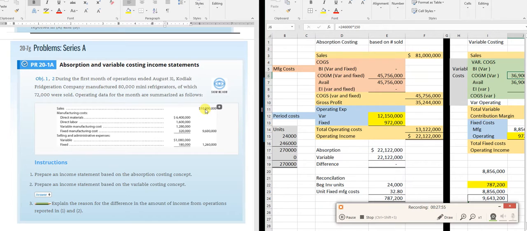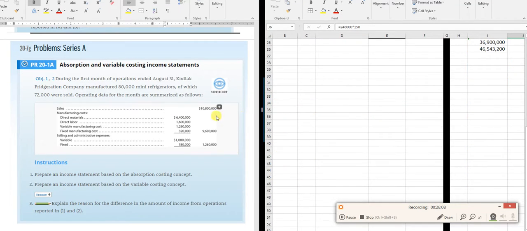We're not given sales per unit, but let's make a per unit cost column on this. I'm going to do it down here, and hopefully you'll write it out over there. I have 10,800,000, and I'm going to divide that by the units sold because that's sales.